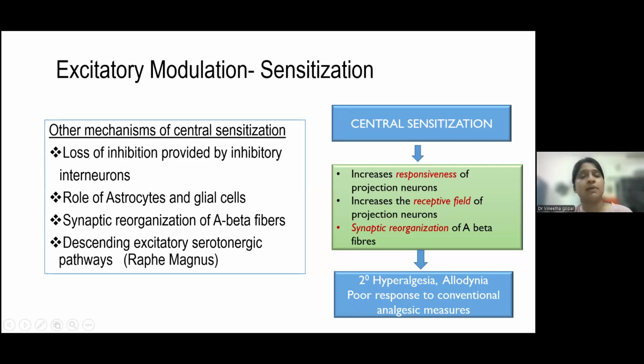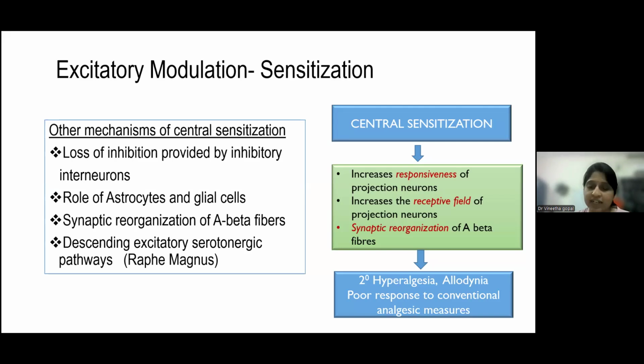For example, C6 was the dermatome in which there was injury, my thumb or something like that. So initially, the afferent neurons from C6 will activate the corresponding second order neurons in the dorsal horn, and the patient will feel pain in C6. But in the event of central sensitization, the afferent neurons coming from the C7 dermatome also, through interneurons, cause activation of the C6 projection neurons.